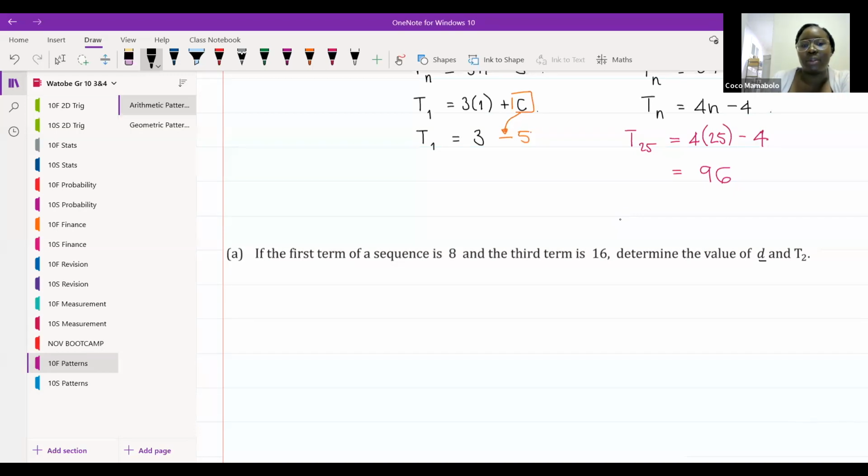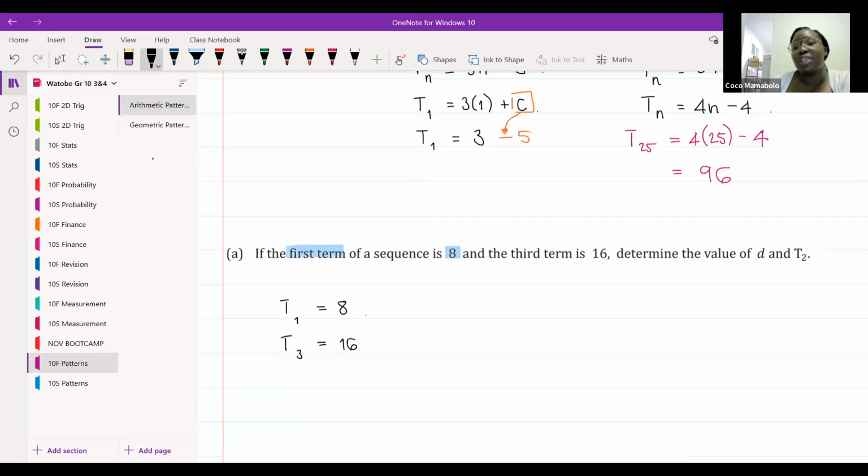Now I'm going to ask everybody in the chat to focus for me, please. I really need us to understand what's happening over here. They're telling me that the first term is 8, so I know that T1 is equal to 8. Then they're saying that the third term is equal to 16. That tells me that T3 is equal to 16.